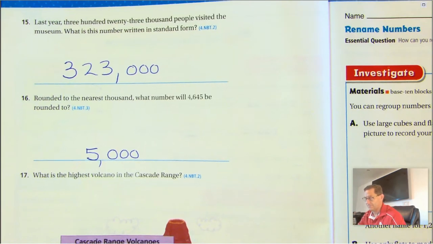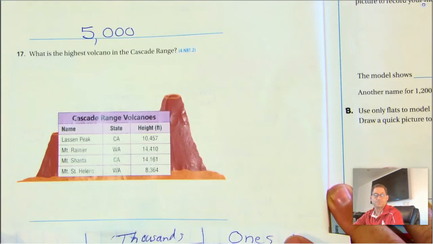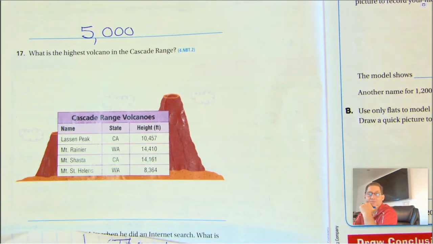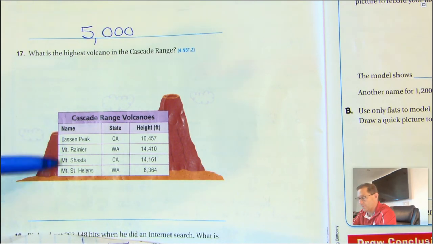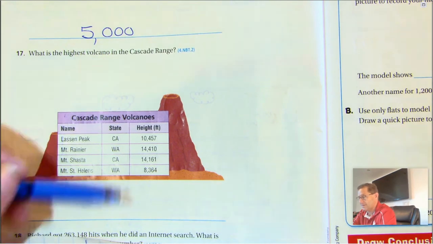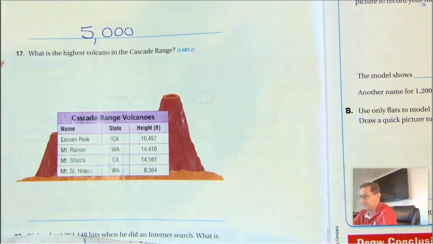Number 17. So we're going to be using this chart. It says, what is the highest volcano in the Cascade Range? So my title is Cascade Range Volcanoes. I have 4 volcanoes. It tells me which states they're in, and these are their heights.